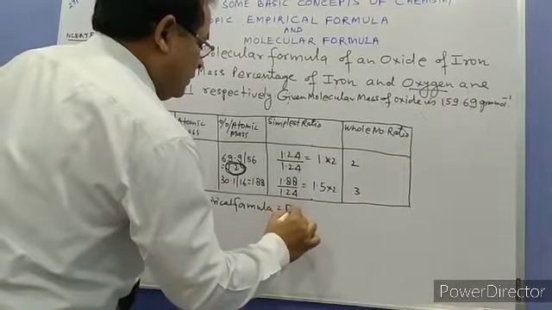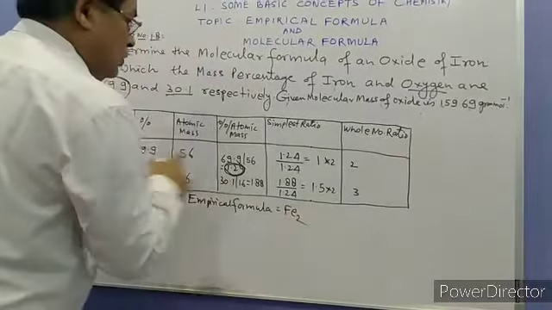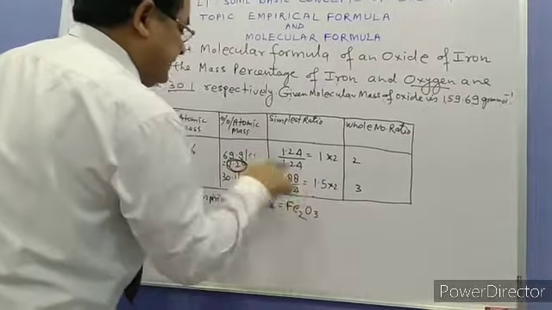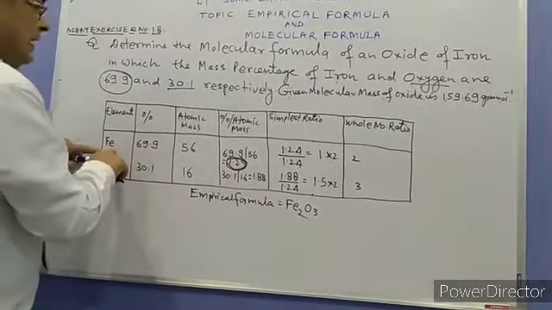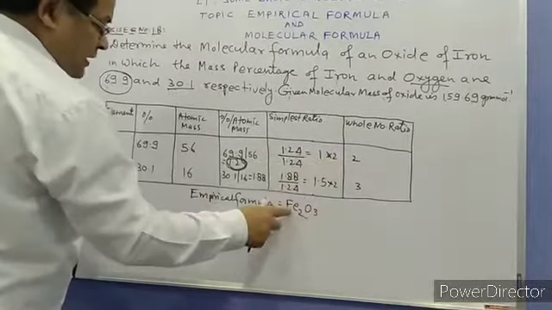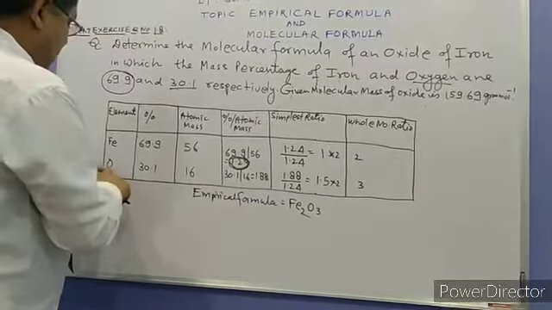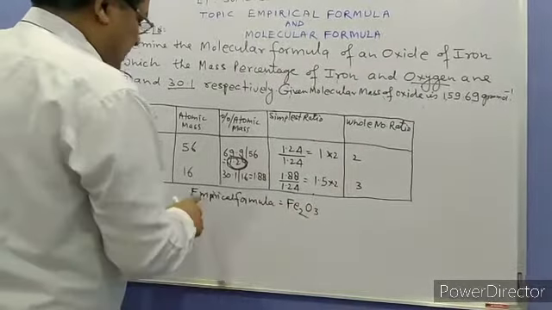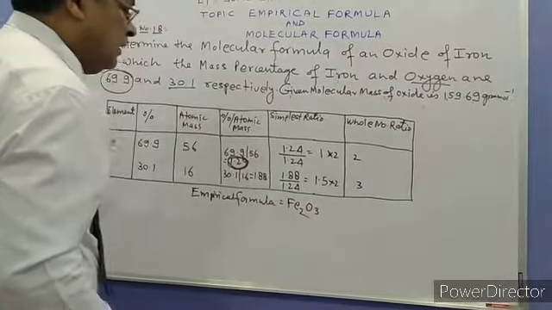So the empirical formula is Fe2O3. We have to write it like this: iron Fe2, oxygen O3. This is the empirical formula.